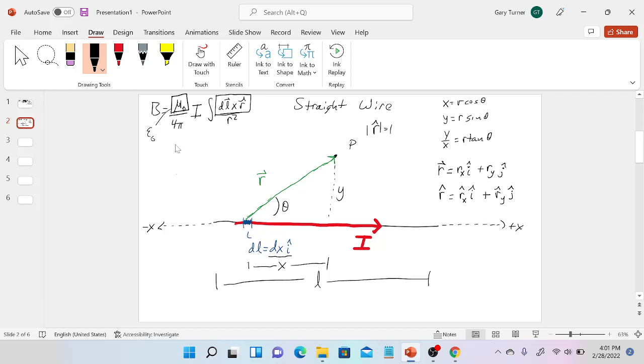And these would be such that rx hat would be equal to cos theta, and ry hat would be equal to sin theta, and you would have that the magnitude of r hat, or 1, is equal to the square root of rx hat squared plus ry hat squared.